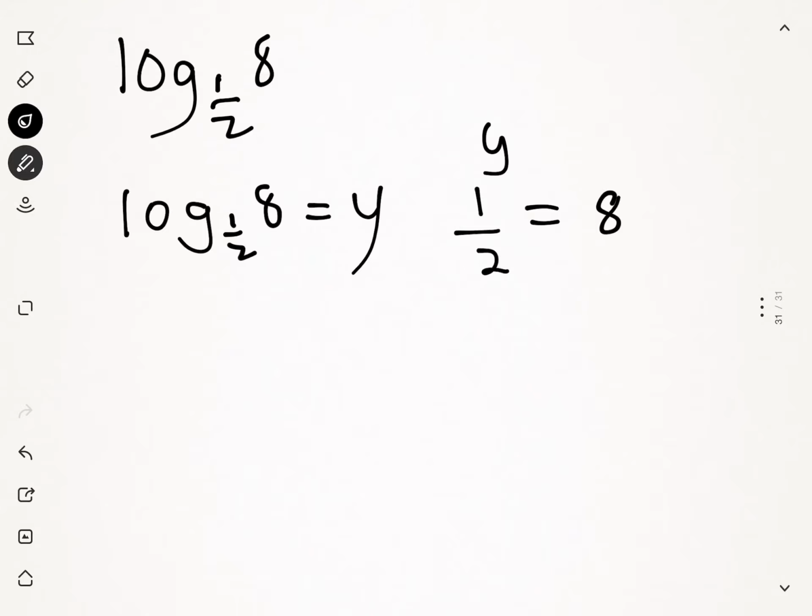One particular thing that you can do when you have these fractions is to think of how to write both things on the same side. So if I put 1/2 to the y power, I want the same thing on this side.